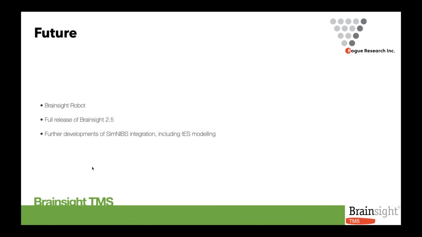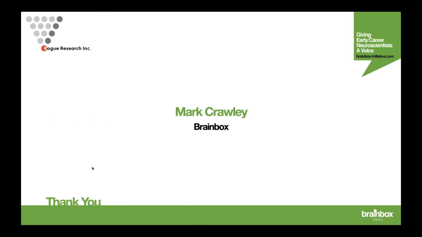That then will contain the fix that we need. Once that's released and that's your Brainsight version, then you're good to go ahead and update to the new macOS. Okay, so that is a whistle-stop view of current and future developments in Brainsight.